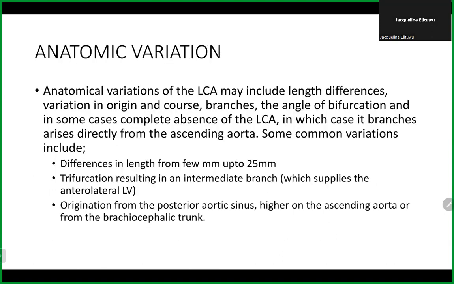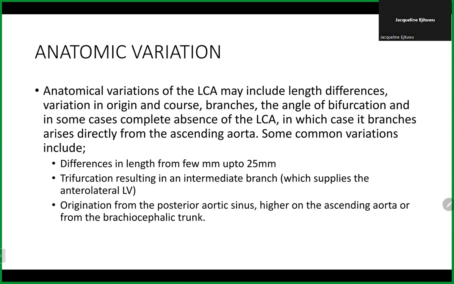Next slide. So anatomic variation of the left coronary artery may include variation in length. We said the length is usually between 5 to 10 millimeters, but in some individuals, it may be longer than that. You may have variation in the angle of bifurcation of the left coronary artery.